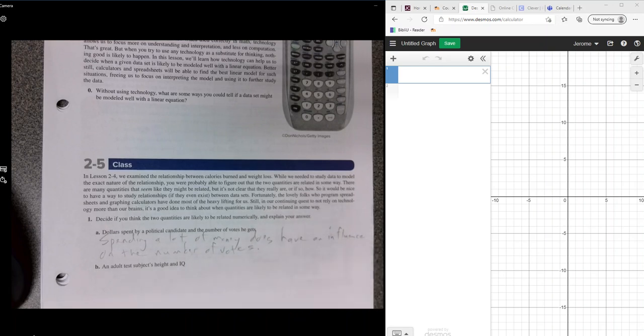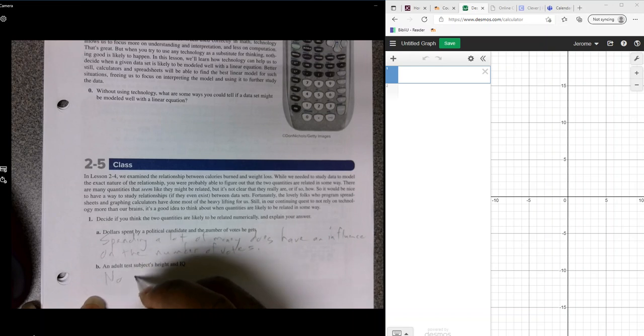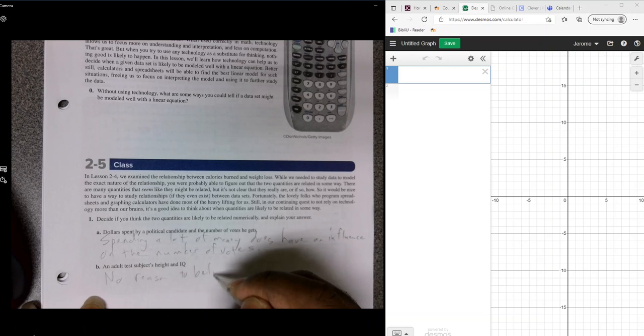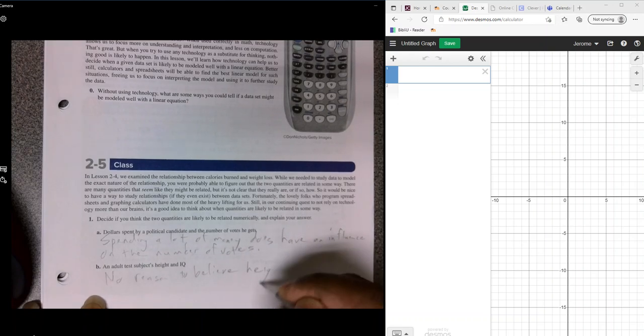Okay, B. An adult test subject's height and IQ test. Okay, there's actually no reason to believe height affects IQ.